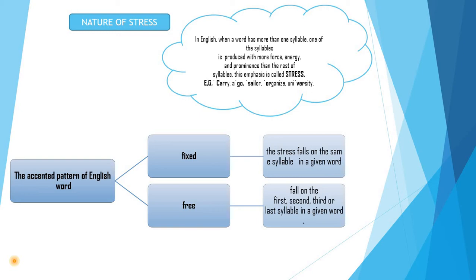So, for example, we have sailor, university. So these are normally stressed syllables. Here, for example, university, a girl, sailor, curry, and we have a long list.